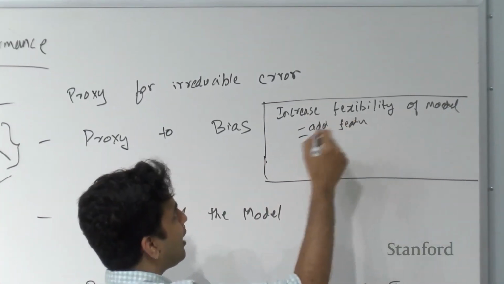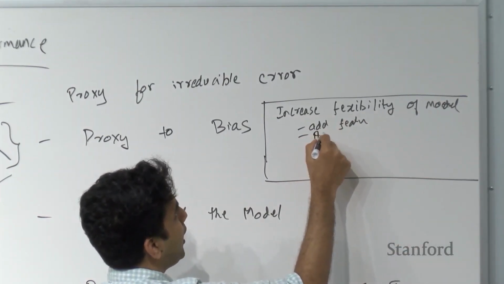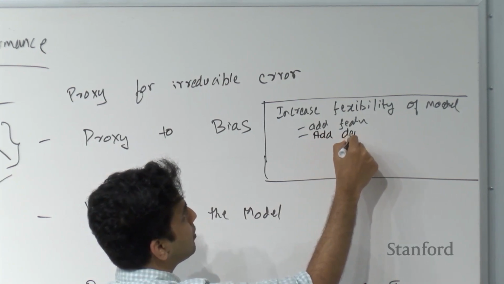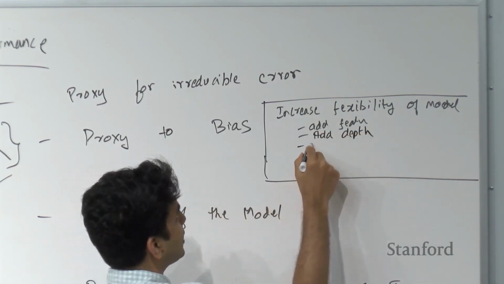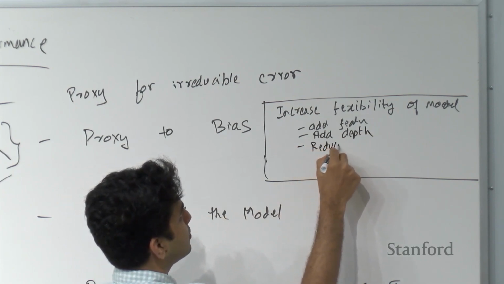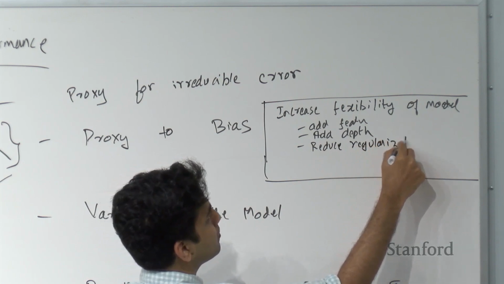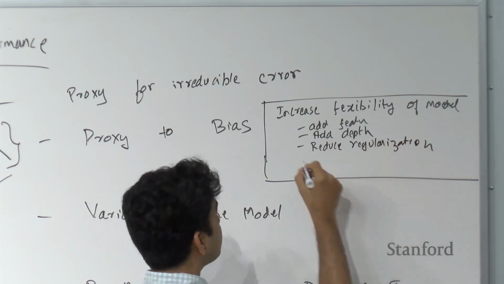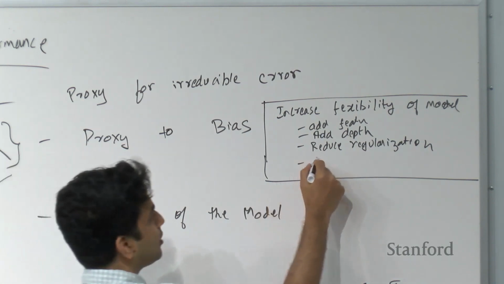So let's call it add features, or add more depth if you're using a neural network. Add depth. And I think someone said reduce regularization. And if you're using some kind of kernel method, use more complex kernels.